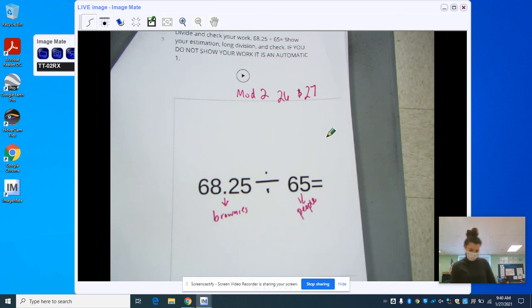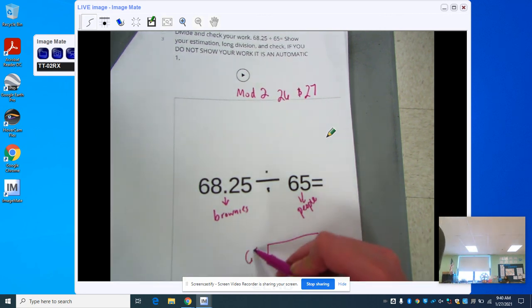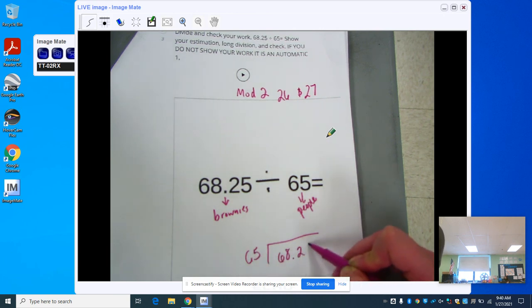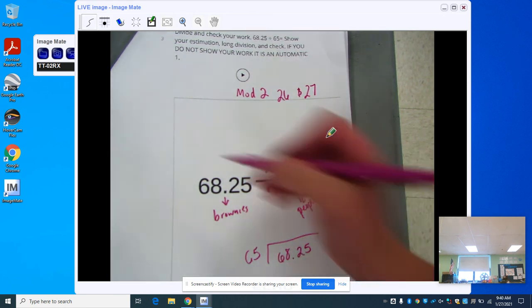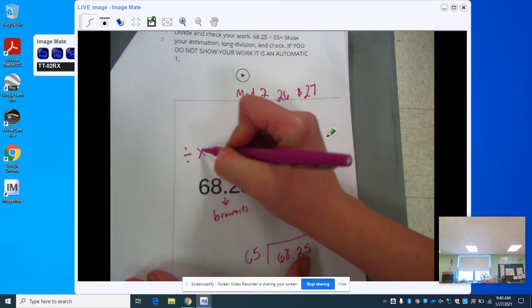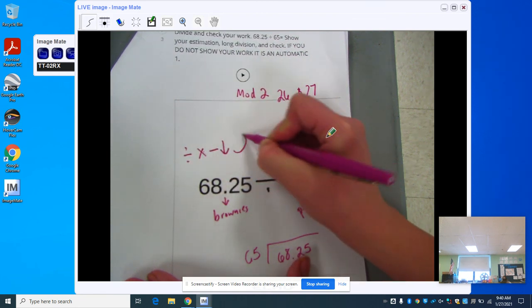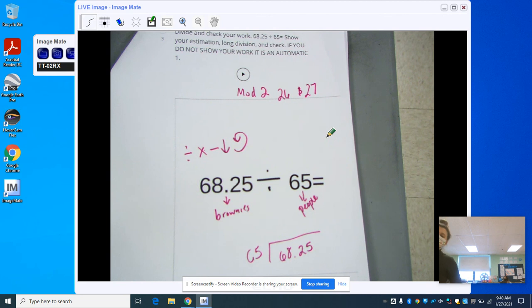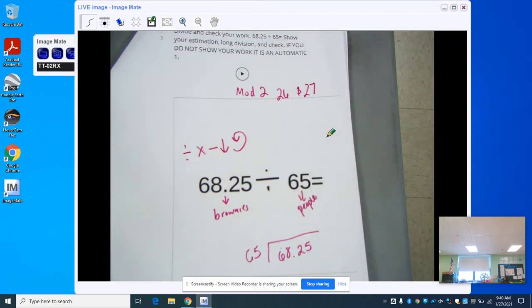We are taking 65, 68.25. And remember, we are going to divide, multiply, and subtract. Bring it on down and bring it on back. Make sure you show your work. Chunk your number. How many times does 65 go into 68? And then keep going.